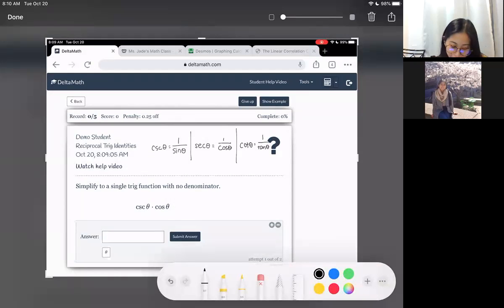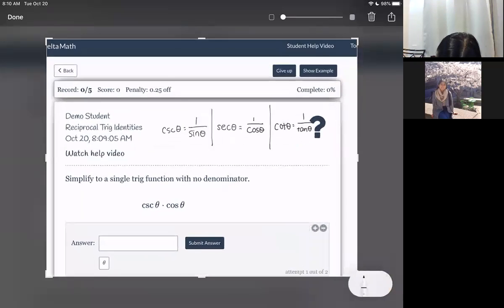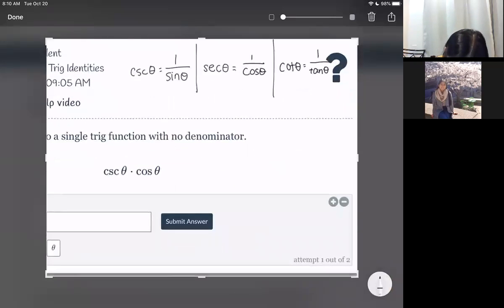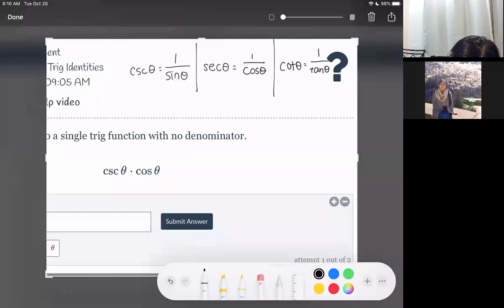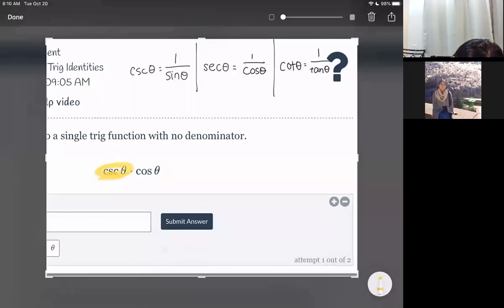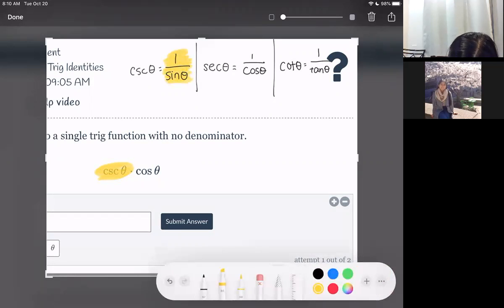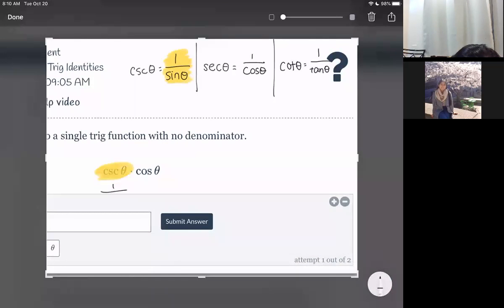Okay, so we're going to simplify the bottom part to a single trig function with no denominator. We are given cosecant times cosine. Cosecant is the same thing as 1 over sine, according to our chart. So I'm going to write 1 over sine times cosine.